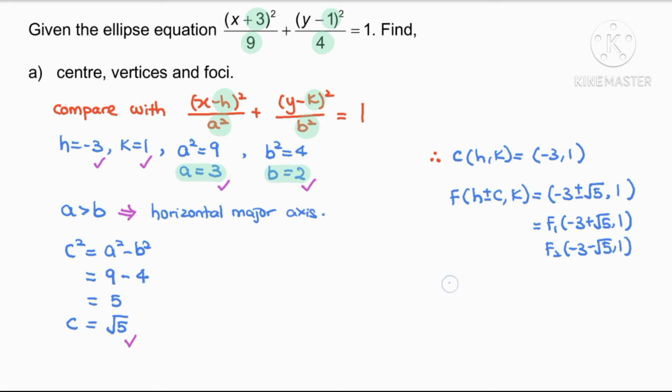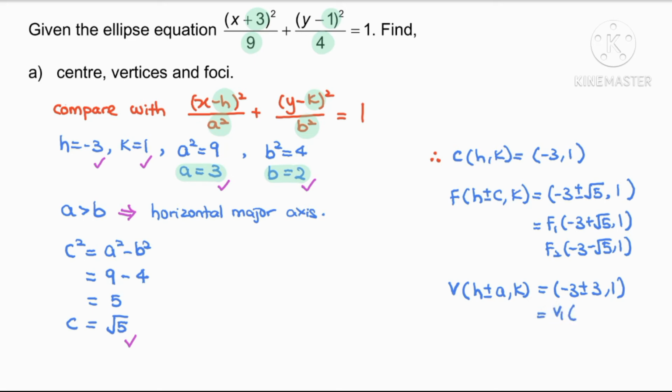Next, we have the vertices (h ± a, k). So here we also have two coordinates, (−3 ± 3, 1). The first coordinate we let as V1.